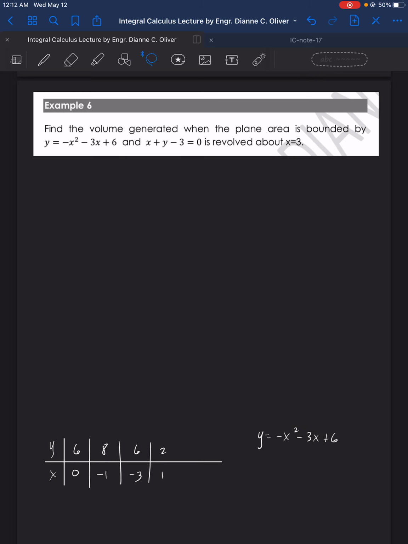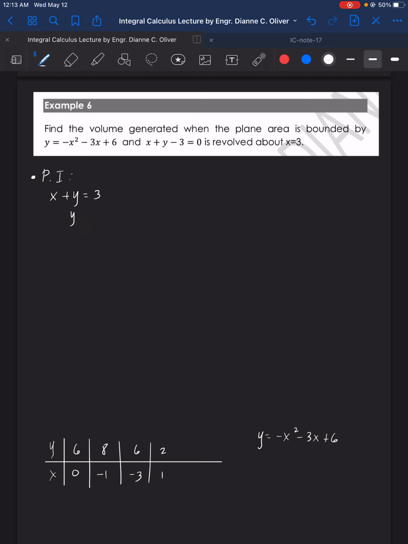Why? Because we are considering two, the curve and the line. So let's look for the point of intersection of the two boundaries. So let's use the line x plus y is equal to 3.